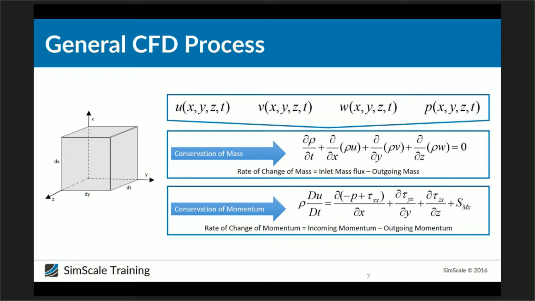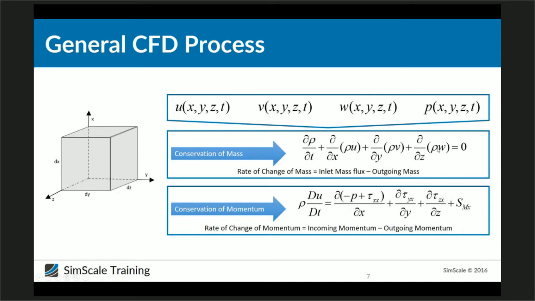The Navier-Stokes equations are a set of partial differential equations which describe the conservation of mass, momentum, and energy in a fluid flow. And basically, if you think about the result of a CFD simulation, what do I need?